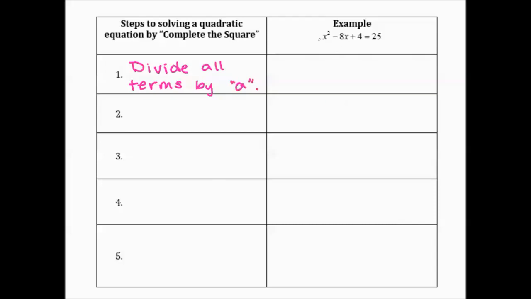So if we look at this example, x squared minus 8x plus 4 equals 25. A is the coefficient of x squared, which in this case is 1. Dividing everything by 1 does not change our equation. So we still have x squared minus 8x plus 4 equals 25. The second step is to move the constants to the right.